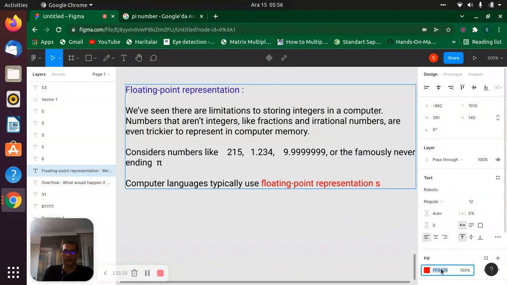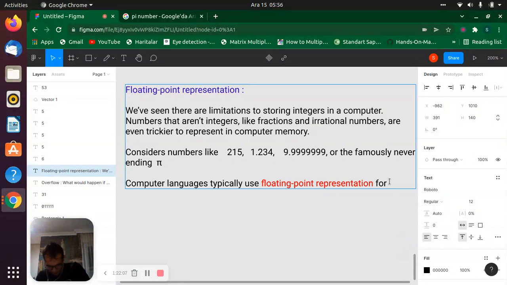And let's do it in black. Yes, let's say true black. Okay. Floating point representation for, oh, what happened? No, I really don't want to delete it.